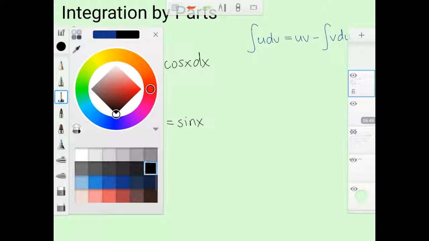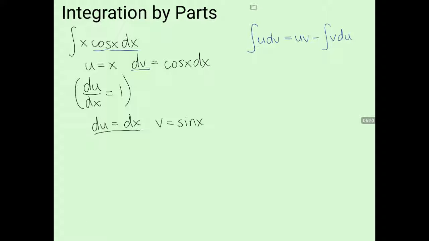So, if we go back to our example, then we can rewrite this integral as u times v. So u is x and v is sine x. So it's going to be x sine x minus v du. Well, v is sine x and du is just dx. So minus the integral of sine x dx.